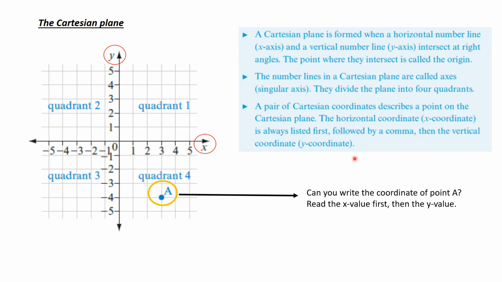So if we read the X value first, that's along the horizontal axis. We're here in line with 3. Then we read the Y value, which is here at -4. So this is how I would write my coordinate: bracket 3, comma, -4, and then my second bracket.